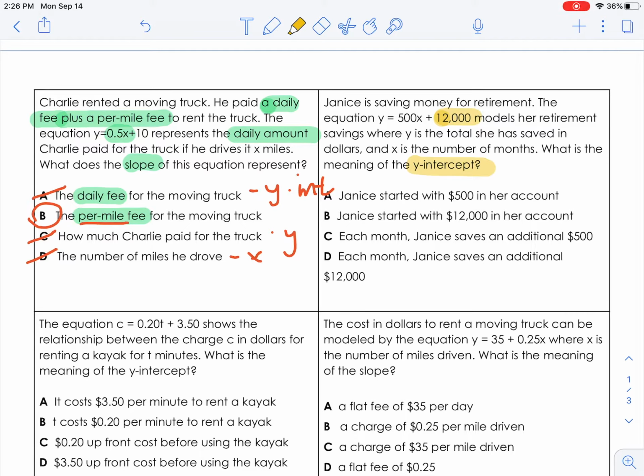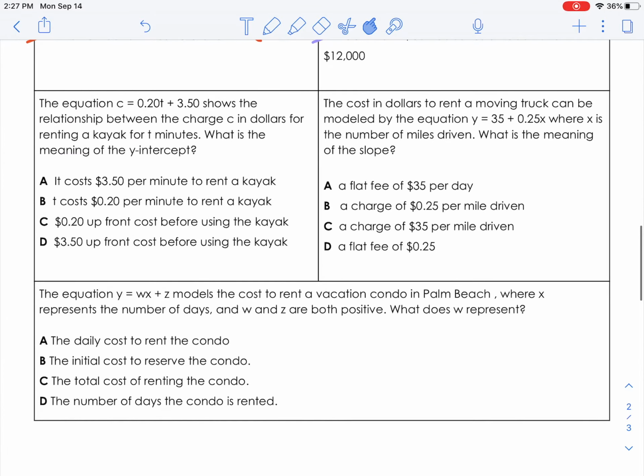The Y-intercept is the value that is not being multiplied by the variable. So the meaning of the Y-intercept is going to have to include the value of 12,000. She did not start with 500. She did start with 12,000, but we're going to keep reading. Anytime it says each month, that is slope, slope, slope. So our answer is B.